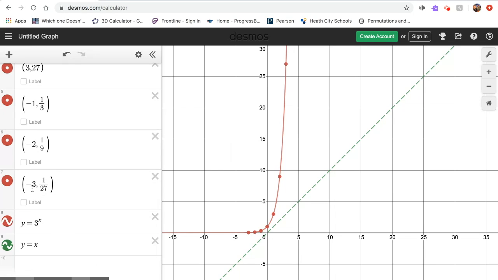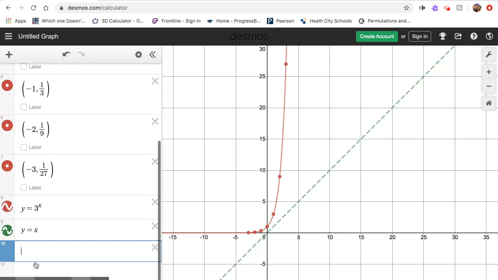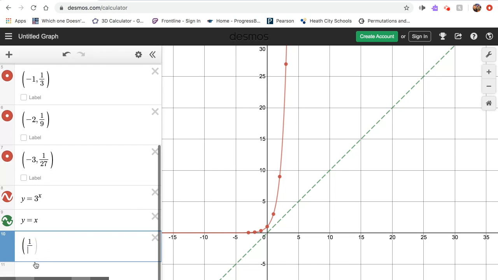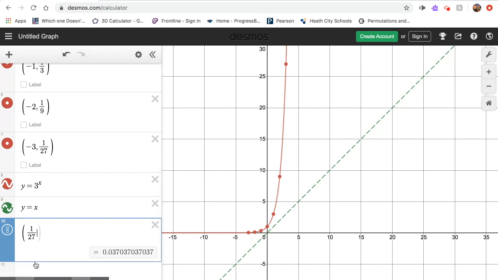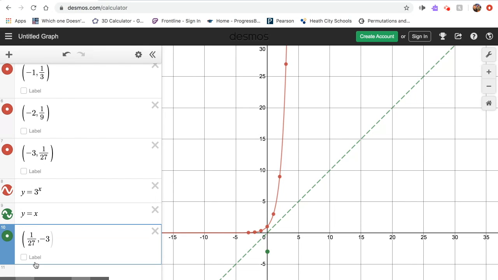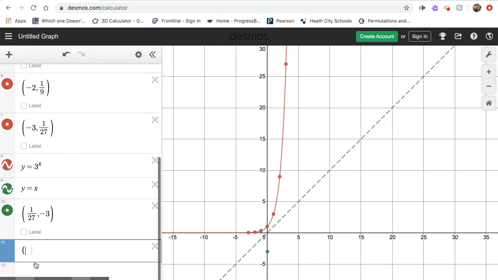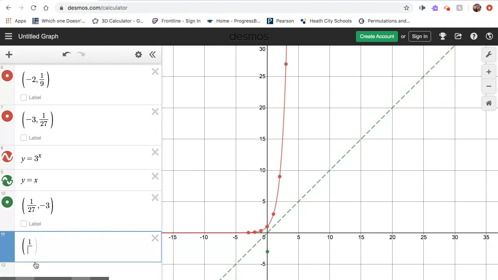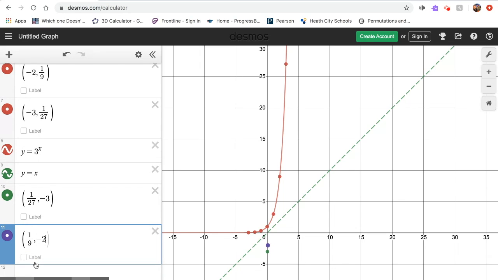So this one right here, for instance, negative 3, 1/27th, should become 1/27th, negative 3. And then negative 2, 1/9 should become 1/9, negative 2.